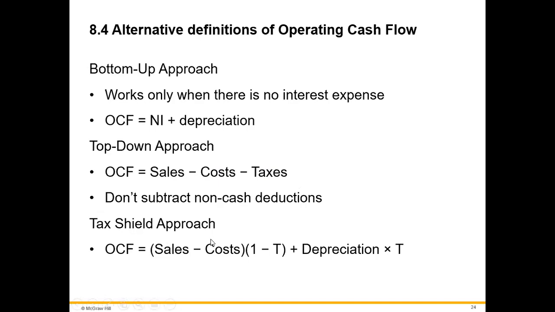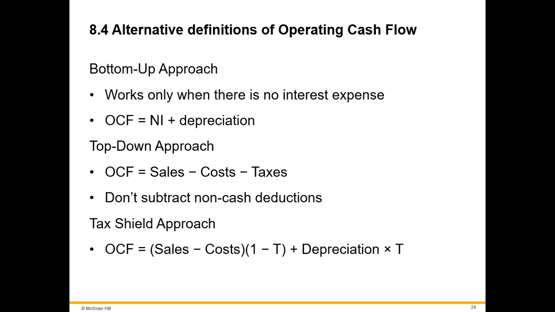There's also the tax shield approach. It's a little different. Just showing you different ways. You choose which one you like best. Sales minus cash costs times 1 minus the tax rate. So 1 minus the tax rate is the amount of those items that you'll have left after paying taxes. Add to that the amount of tax savings from deducting depreciation, which you find by taking depreciation times the tax rate.